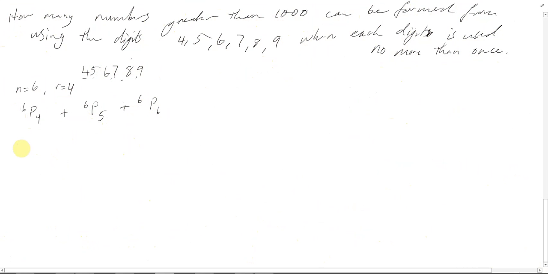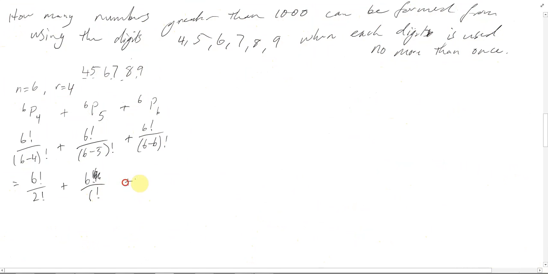So 6P4 is 6 factorial over 6 minus 4 factorial, plus 6 factorial over 6 minus 5 factorial, plus 6 factorial over 6 minus 6 factorial, which is 6 factorial over 2 factorial, plus 6 factorial over 1 factorial, plus 6 factorial over 0 factorial.